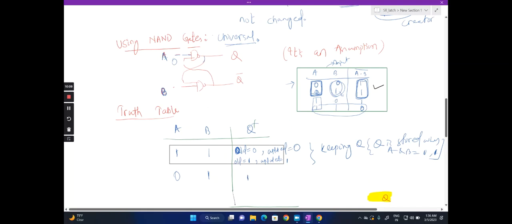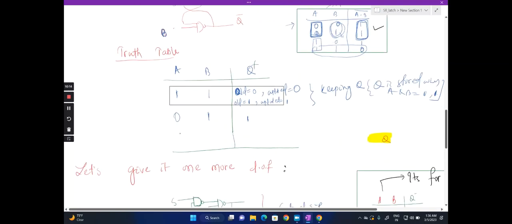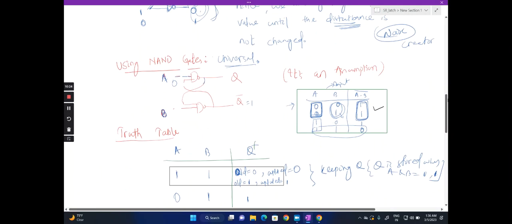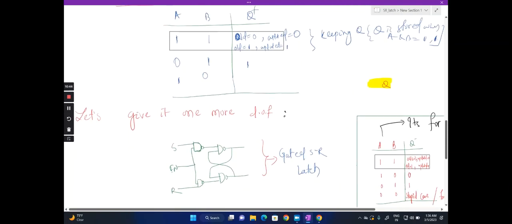We don't need to care about the other input. When A is 1 with 0, Q bar will be 1. As Q bar will be 1, here we will get 1. And we have A equal to 1, so we will get Q equal to 0.